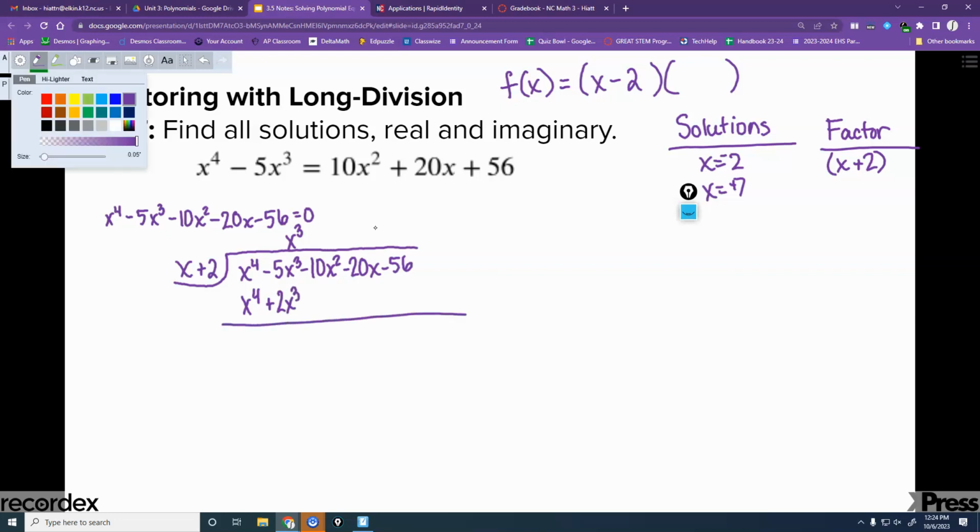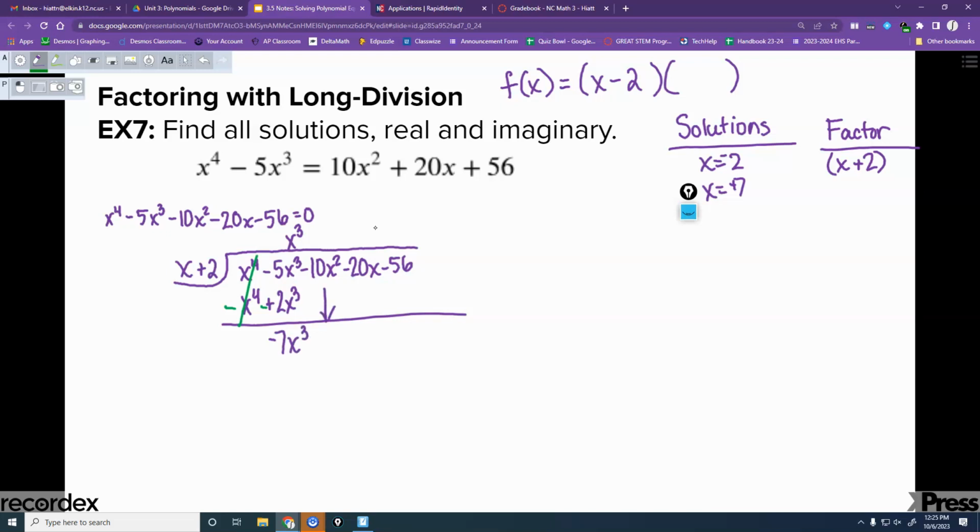Then I must subtract, and when I subtract, it will cancel these two right here out. I will have negative 5x to the 3rd minus 2x to the 3rd. It will give me negative 7x to the 3rd. And I will bring down a negative 10x squared.